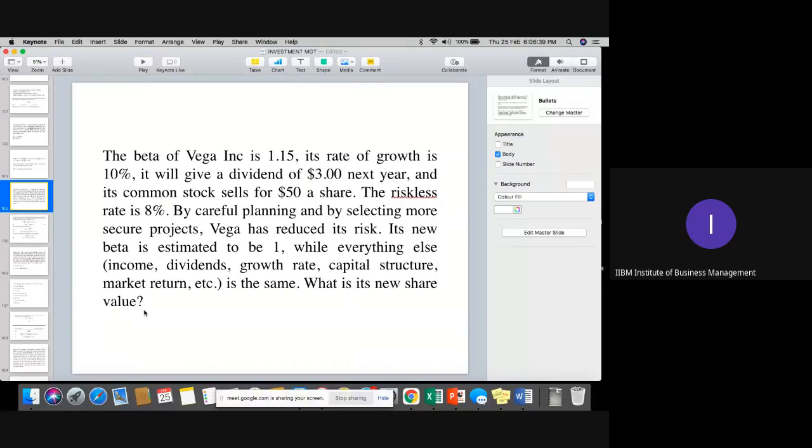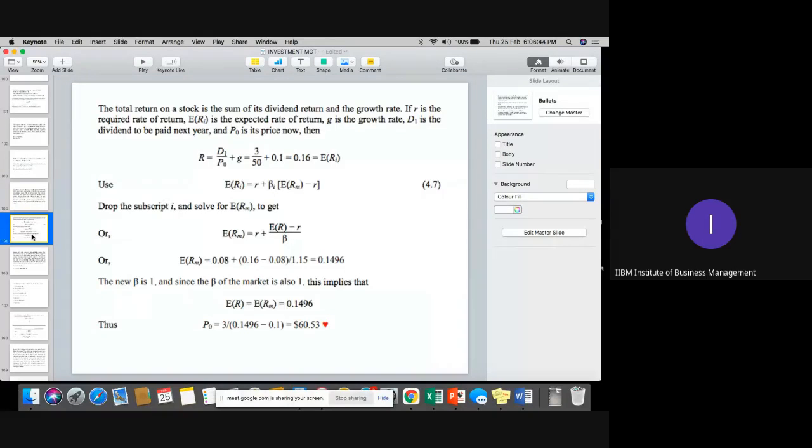First of all, with the given data, we need to calculate the expected return of the market. So first of all, go for this calculation.